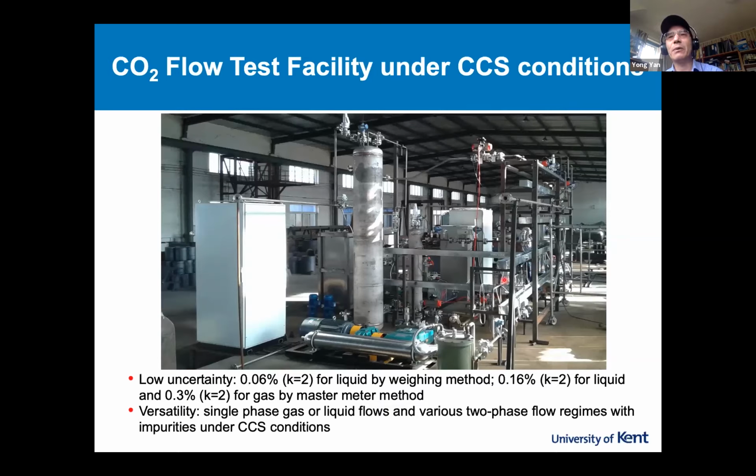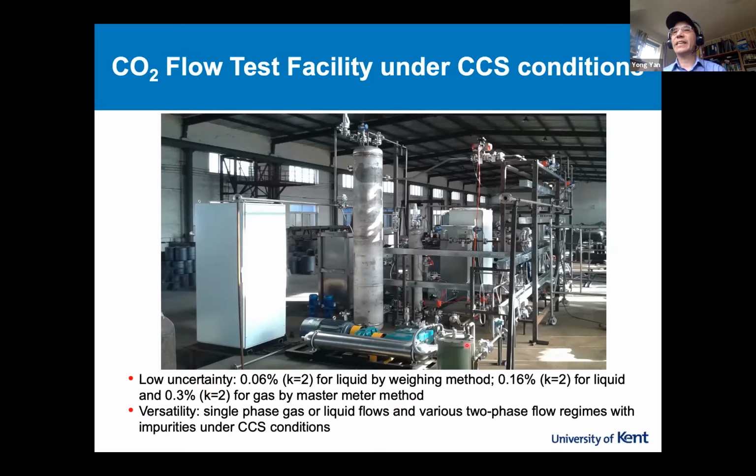For this system, we can achieve a very good reference, say 0.6% for liquid by the pure weighing method. It's kind of like an absolute reference. Also, if we use a master flow meter to calibrate, we can achieve 0.16% or 0.3% for liquid and gas CO2 respectively.